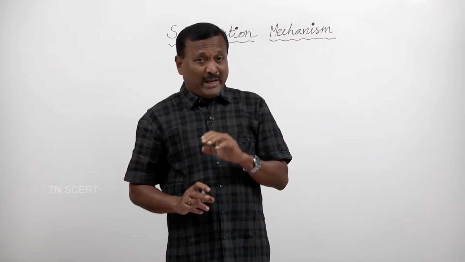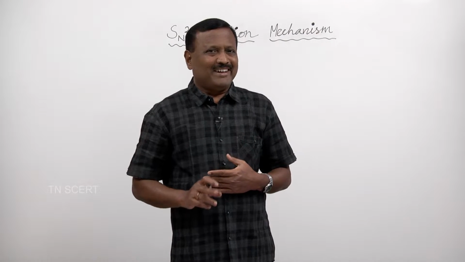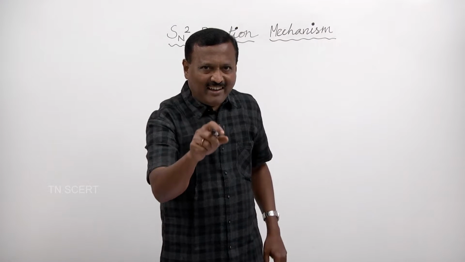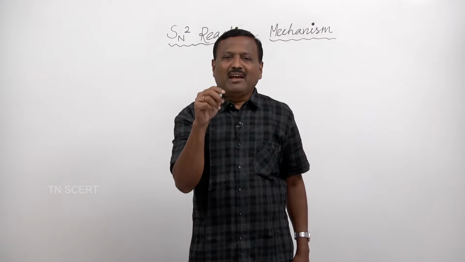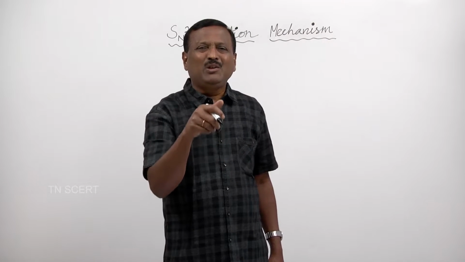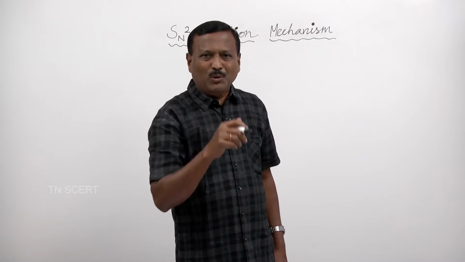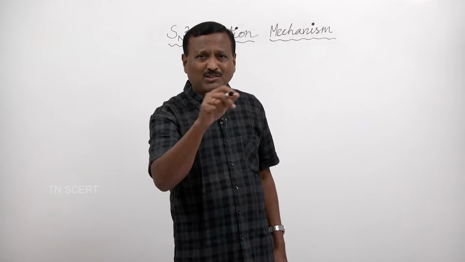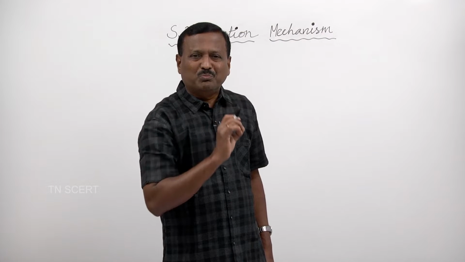So, the reaction in which the rate depends on the concentration of substrate. Substrate is nothing but alkyl halide, and nucleophile is shortly represented by Nu minus. Nucleophile is nucleus liking group. Nucleus is a positive center, and the positive center likes only the negative group.